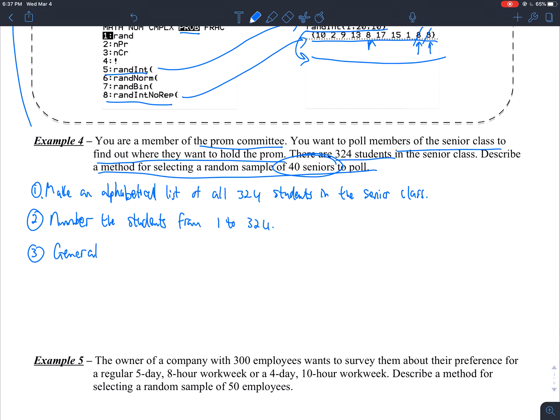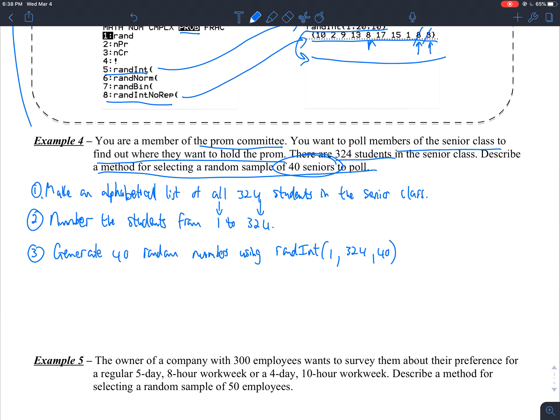Generate 40 random numbers, and on our calculator we will use randInt, then something like 1, so 1 is the smallest number right here, up to 324, and don't close the parenthesis, and I want 40 of them.